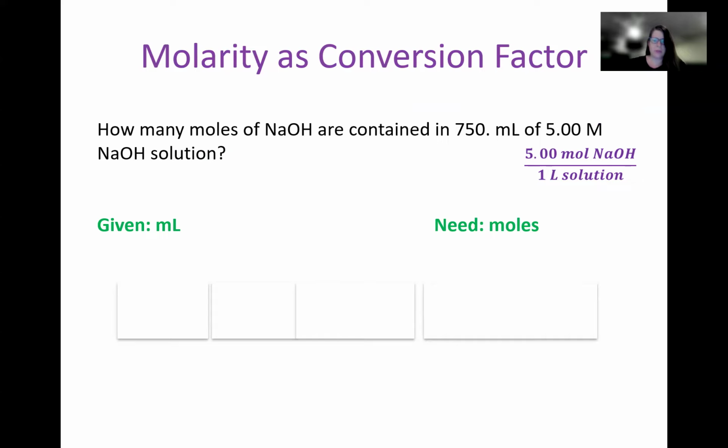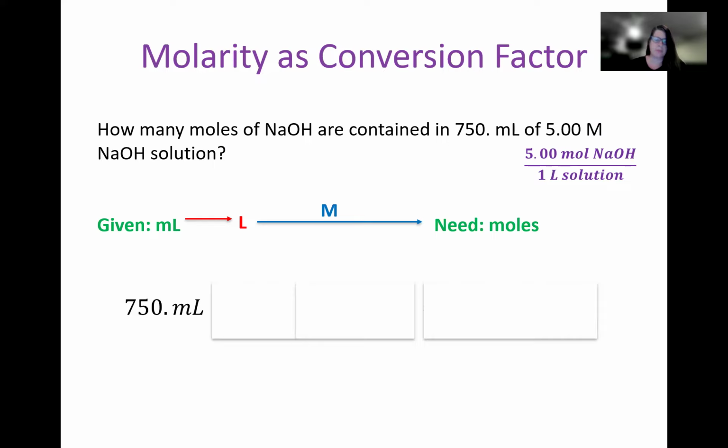So in order to use molarity as a conversion factor, we're going to have to convert our volume to liters. So that's the first step. And then once we have liters, we can use the molarity to get to moles. So this is just a two-step problem. So I'm going to start with my given, the 750 milliliters. According to my plan, I'm going to convert those milliliters into liters.